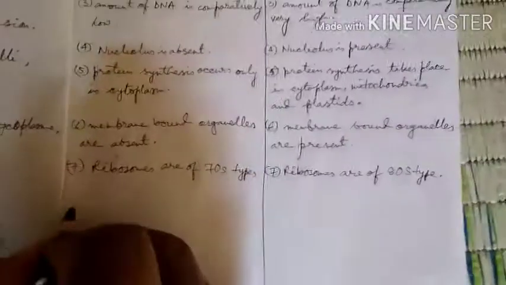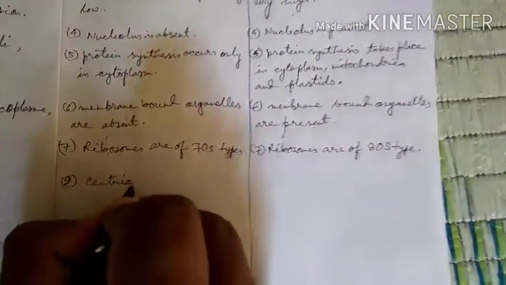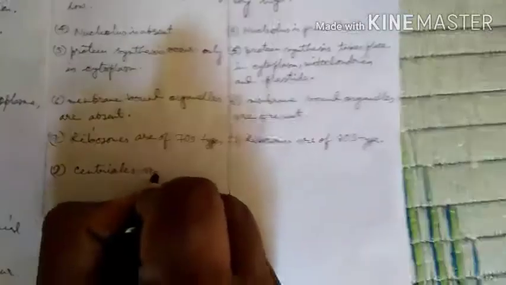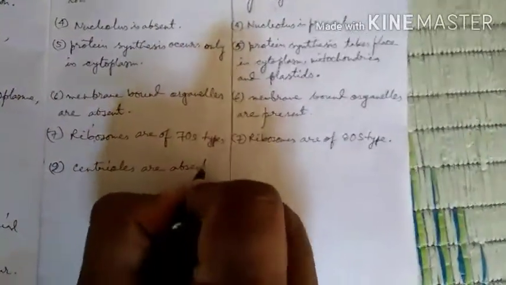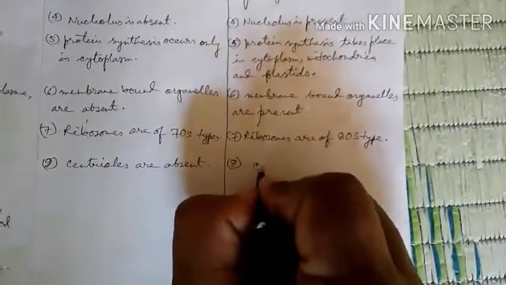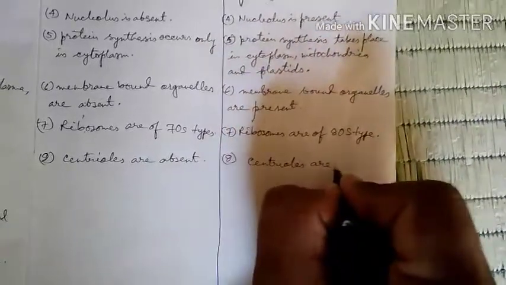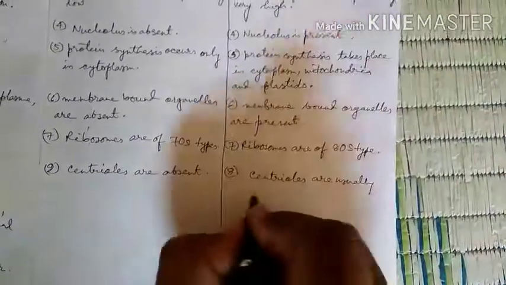In prokaryotic cells, centrioles are absent, but in eukaryotic cells, centrioles are usually present.